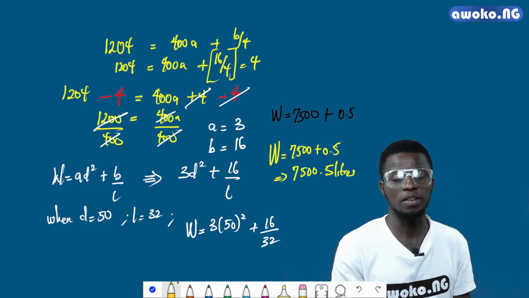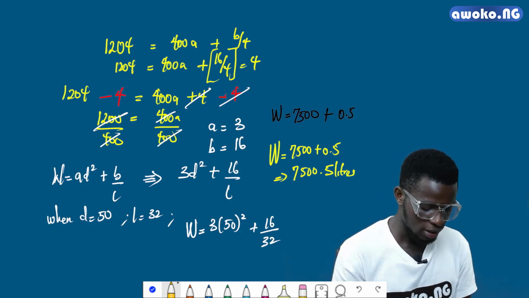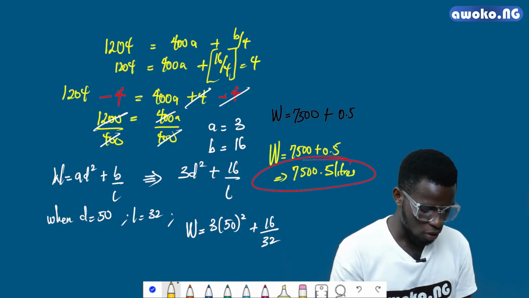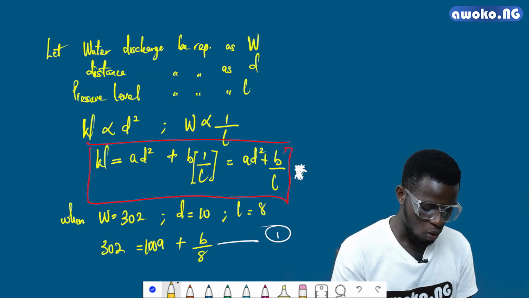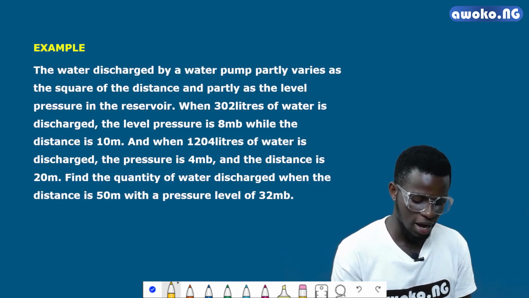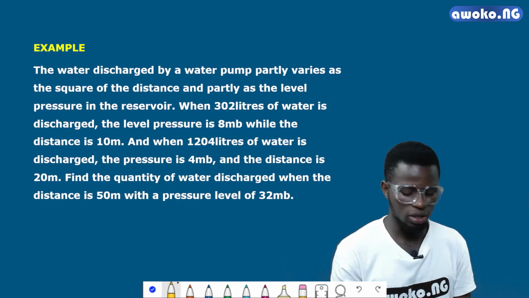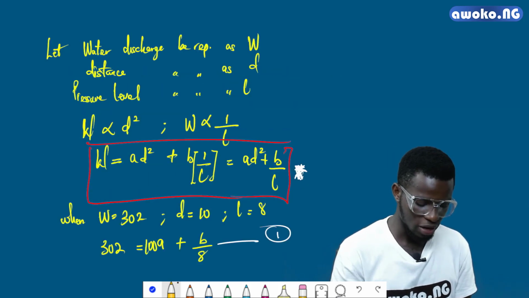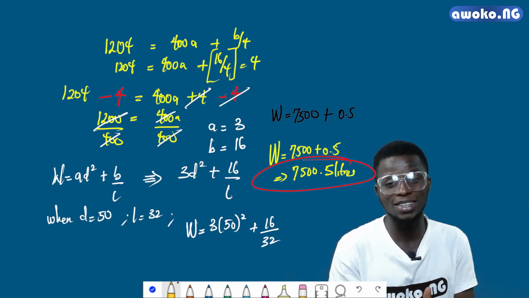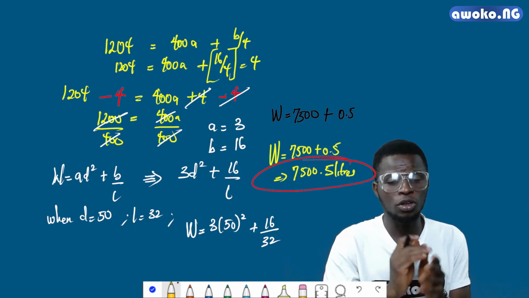All right, 7500.5 liters as our final answer. So the quantity of water discharged when the distance is 50 meters and the pressure is 32 is equal to 7500.5 liters.